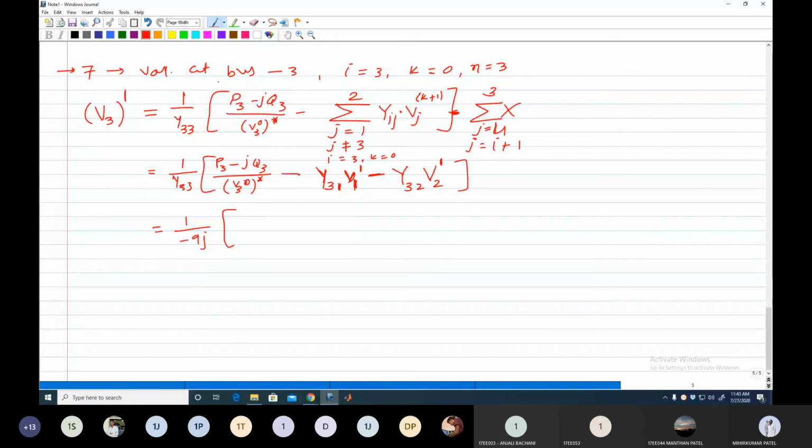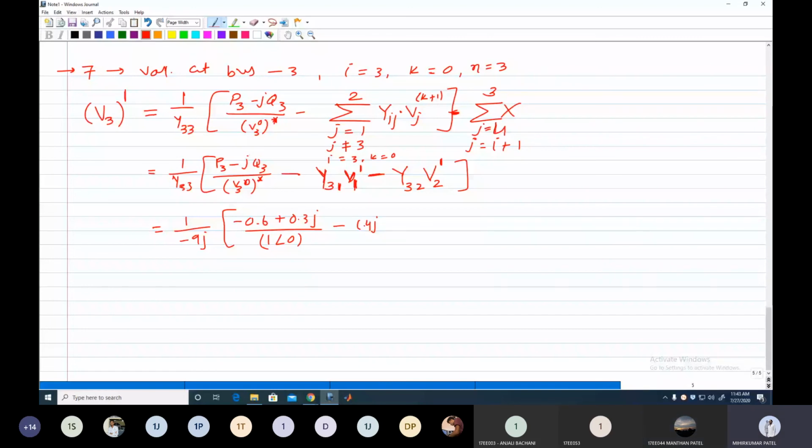So here it is minus 0.6 minus minus plus j 0.3, 0.3j, and the value of this V3 0 is 1 angle 0 or 1 plus j0. Value of Y31, it is minus 4j.